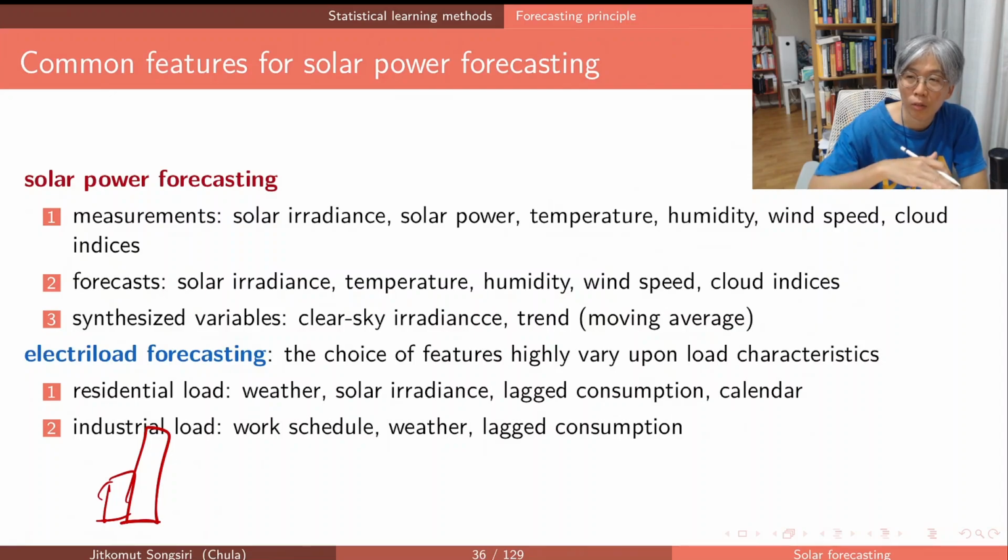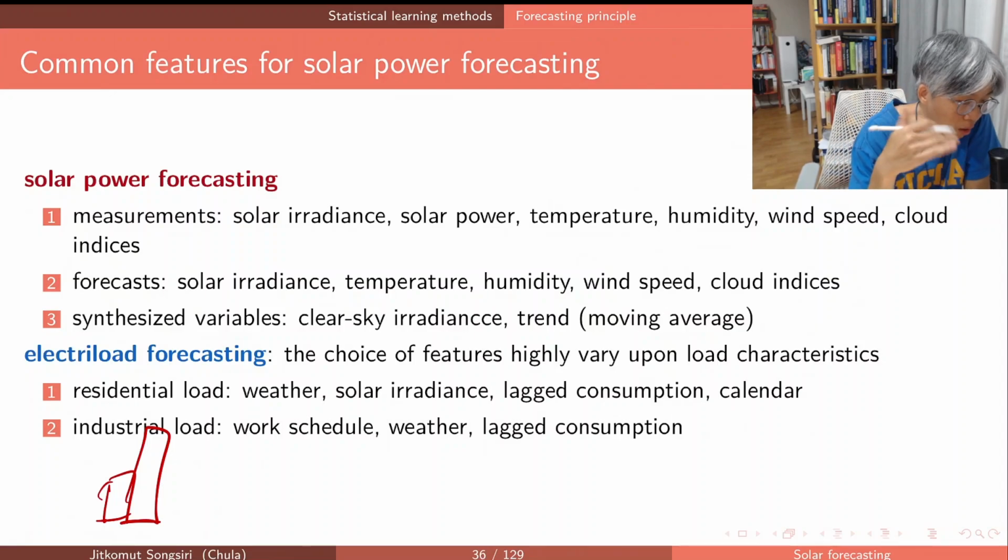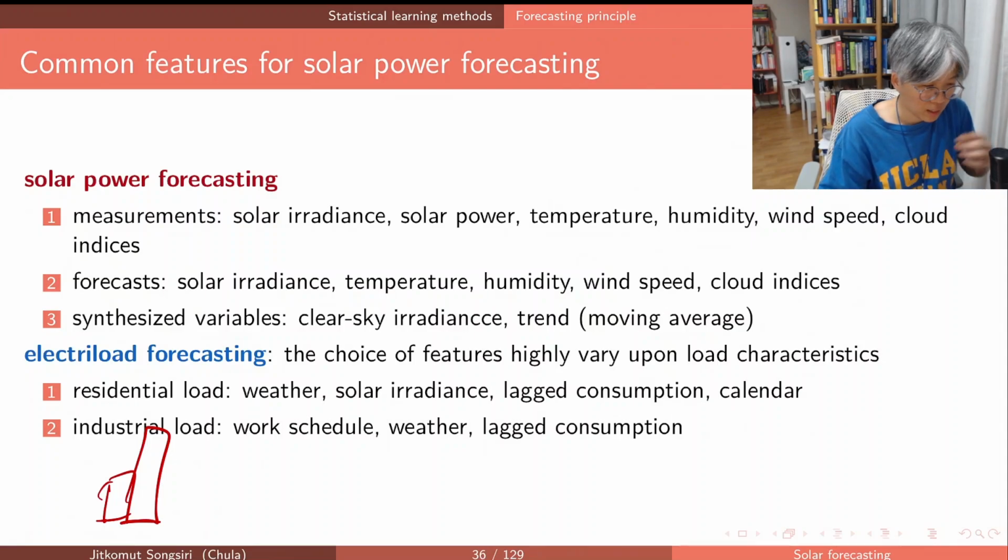For example, if we talk about long-term load forecasting, like a yearly forecast, the horizon is 1 year and the resolution is a month. In that case, economic variables have a very strong impact on the load because we know that energy and economy are two entities that are closely related.